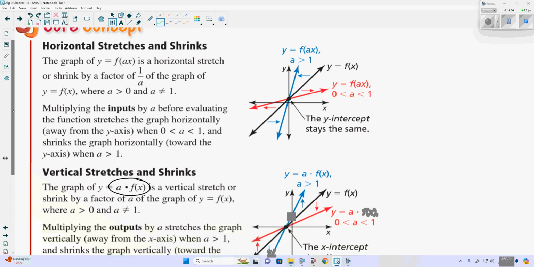Horizontal stretch and shrink. Our general form is f of a times x. Stretch, shrink, flip the value before you plug it in.